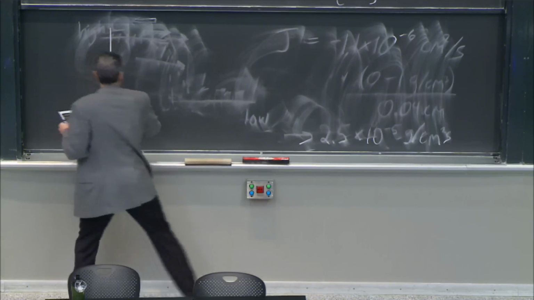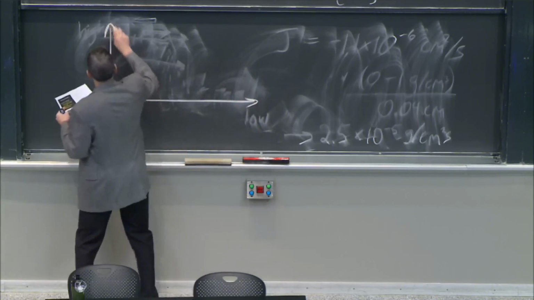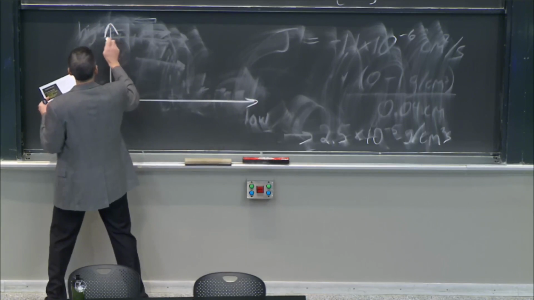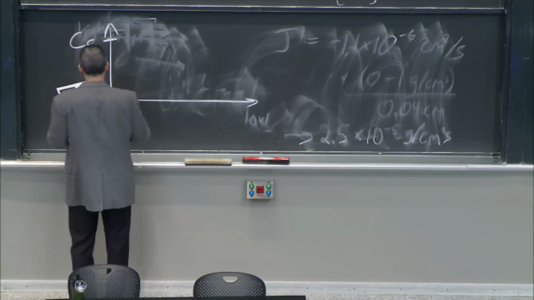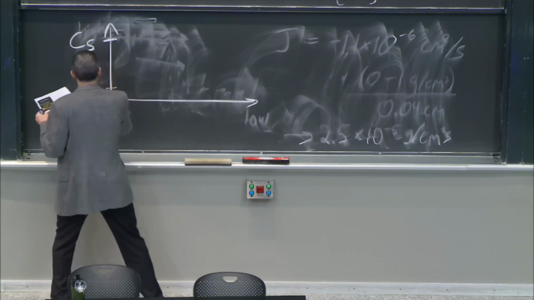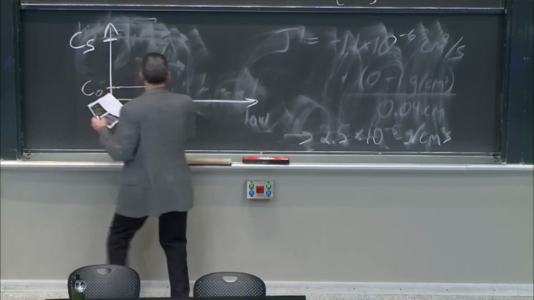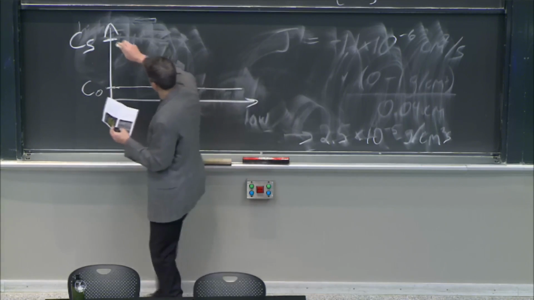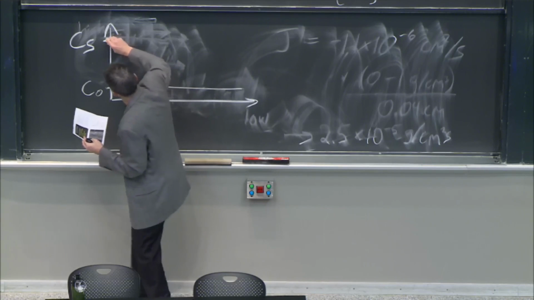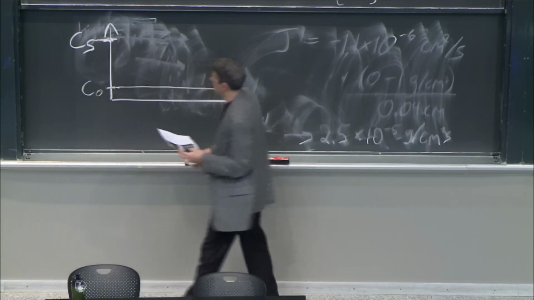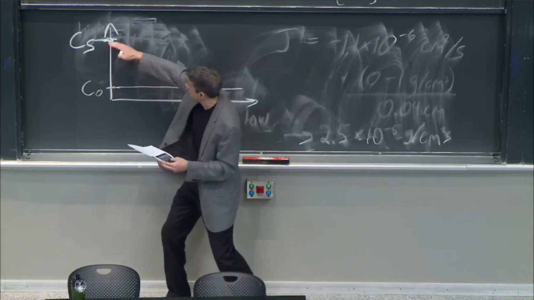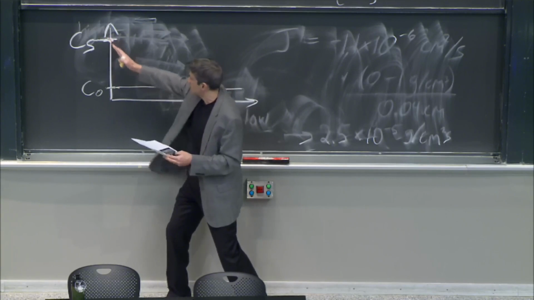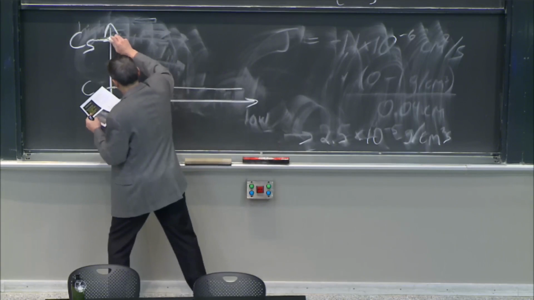And so the thing that Fick's second law helps us understand is, if I start with some starting concentration C0, and I expose at the surface some higher concentration CS, right? Remember, before I kept these fixed, and I got a flux. Now I'm going to be able to get this.